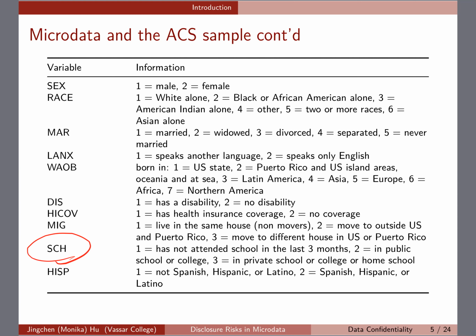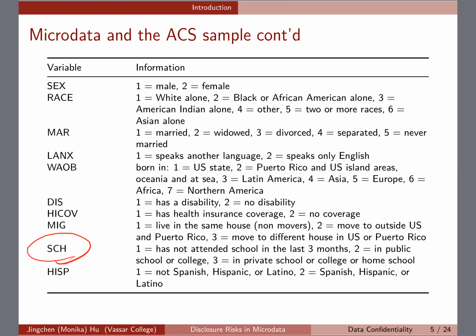But right now, what I've been asking you all to do is, suppose the data that we have is confidential, and we're trying to see, for certain combinations, some people are more risky, some people are less. But in truth, it's more important to realize that we don't even know for the microdata, the ACS sample that we get is already protected. We don't even know the truth at first.